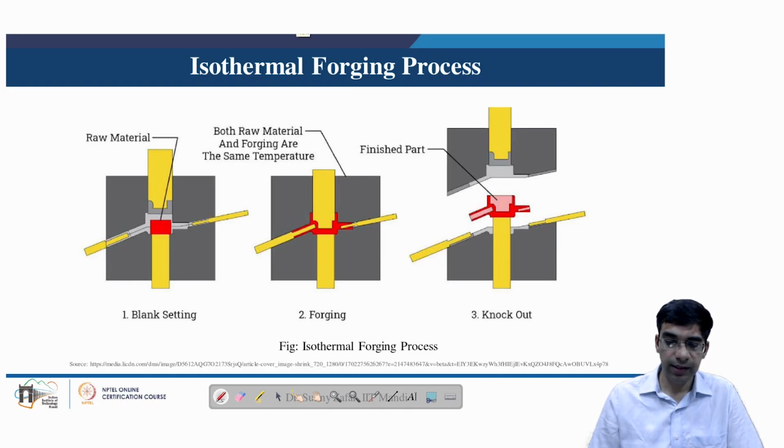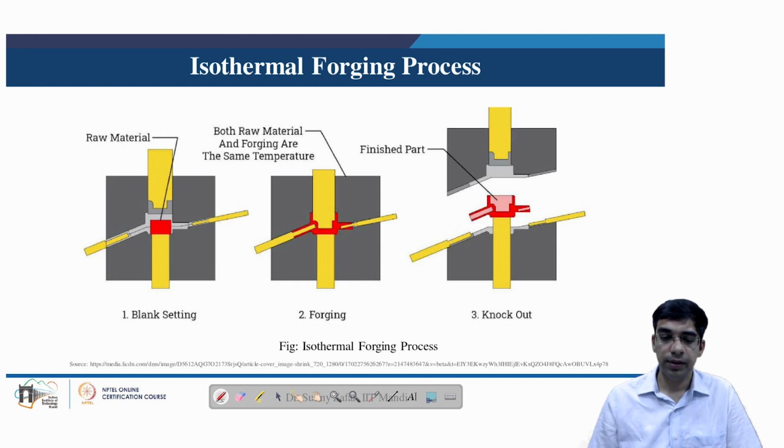So here we can see the schematic of isothermal forging process, where the raw material is placed inside the cavity. Both the raw material and the forging equipment are at the same temperature, thereby giving the name isothermal forging process.